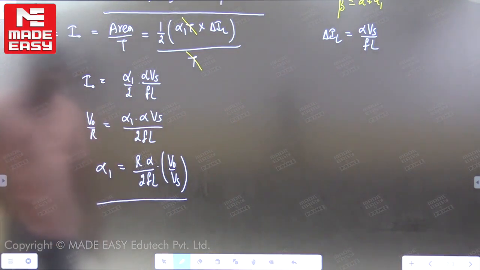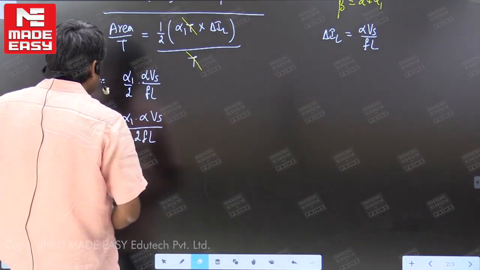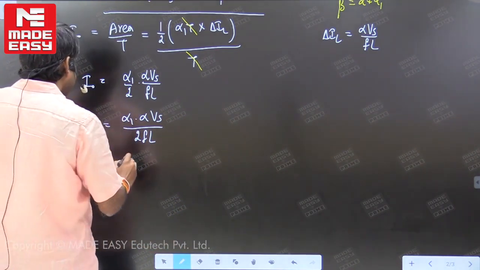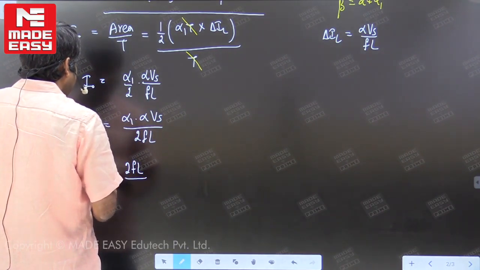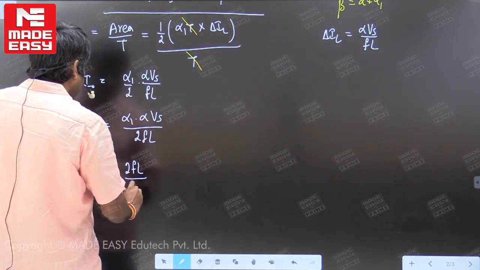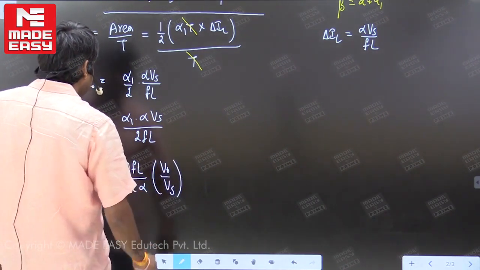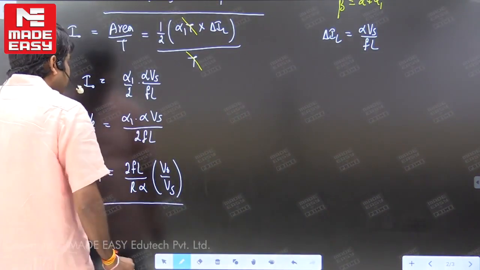Alpha 1 is equal to 2FL by R into alpha into V naught by Vs. So we got the value of alpha 1.